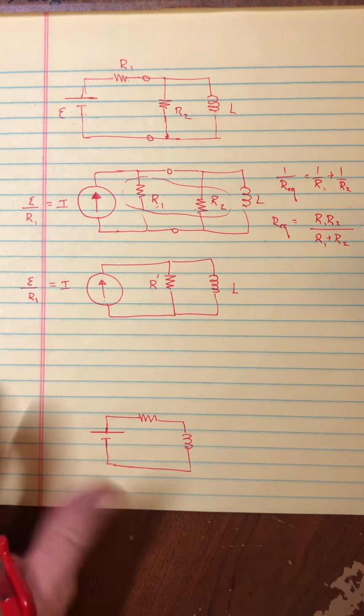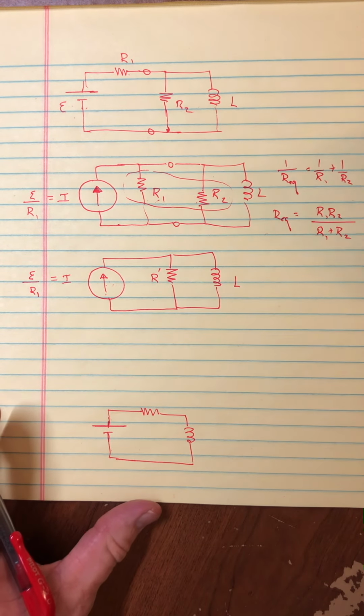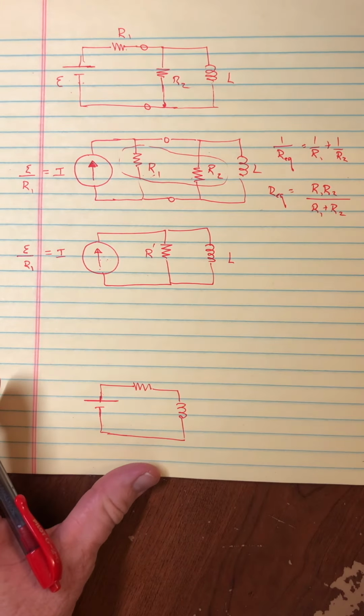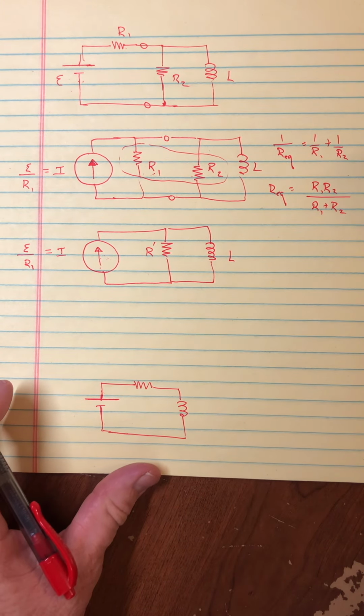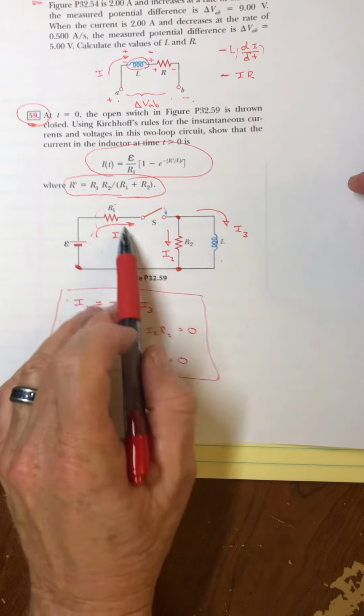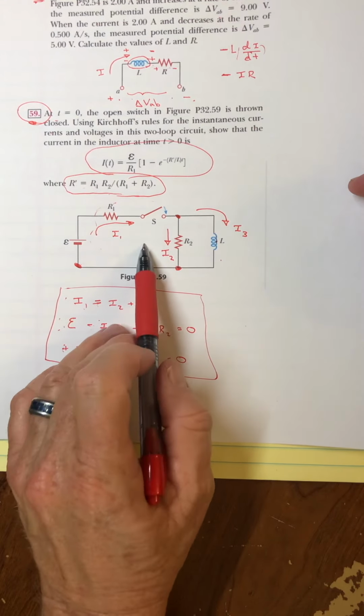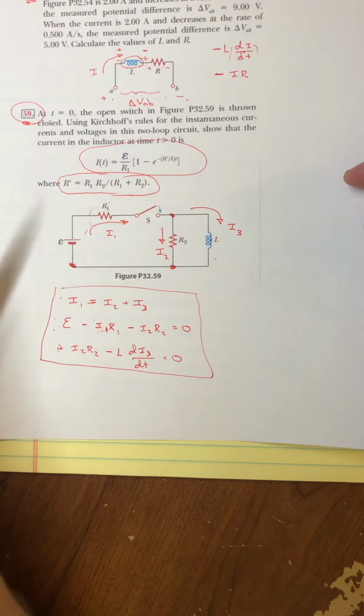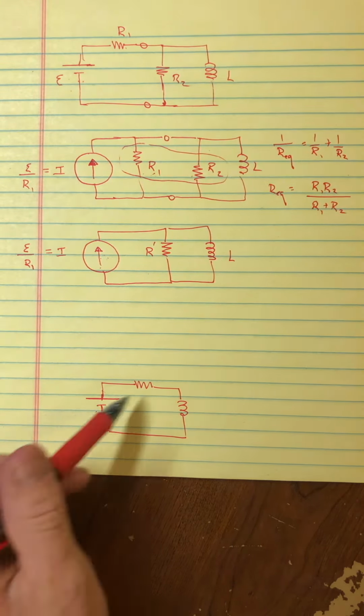That's why this one was screaming at me to do a source transformation first, from constant voltage to make these in parallel so I can simplify it, then go back to a constant voltage source because we've already solved it for one resistor.